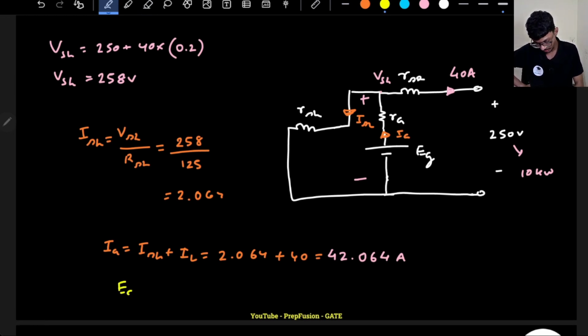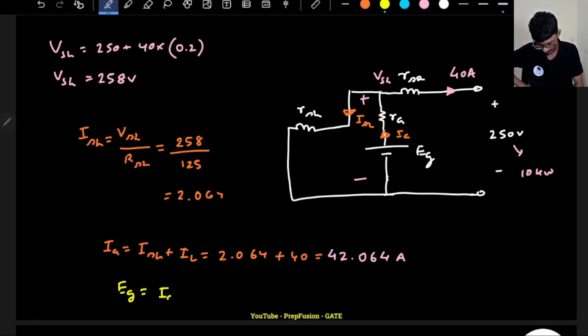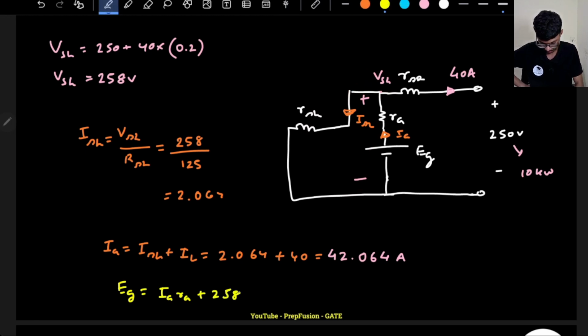Now I can directly write what EG is. EG will be equal to IA RA, the drop across the armature, plus this VSH voltage. So I can apply KVL here, simple KVL. VSH is 258. So now from here I will be able to write down the value of the generated voltage.